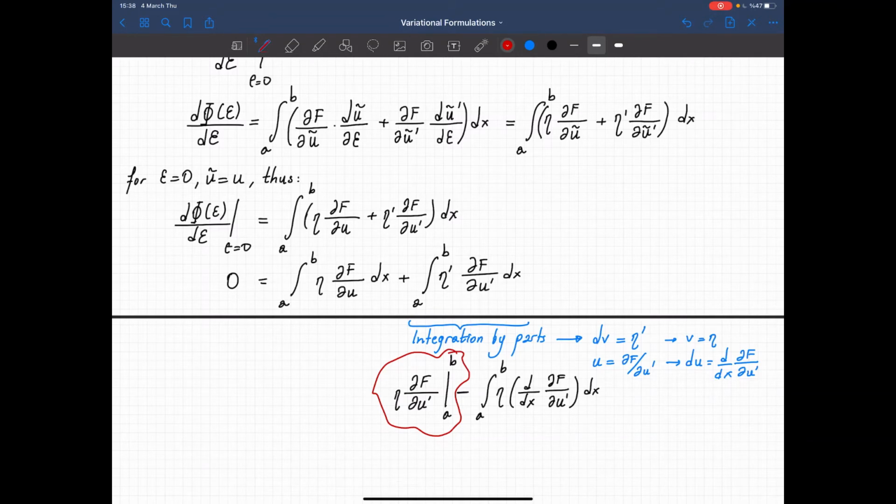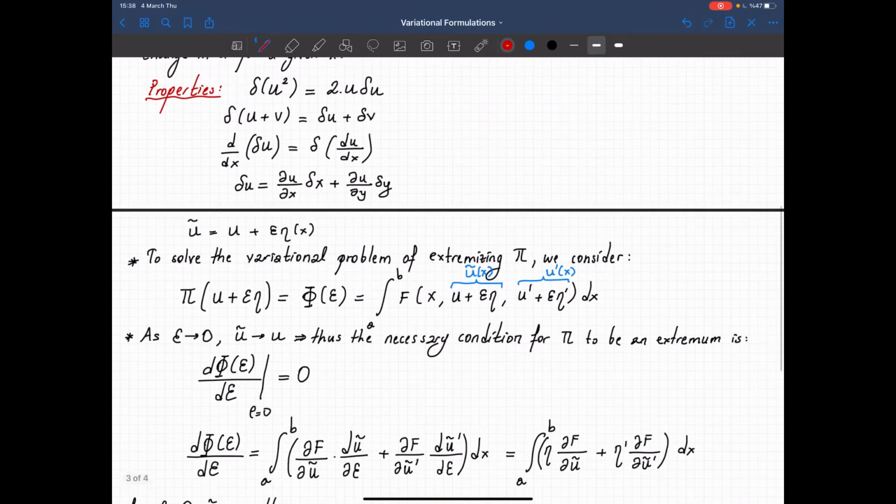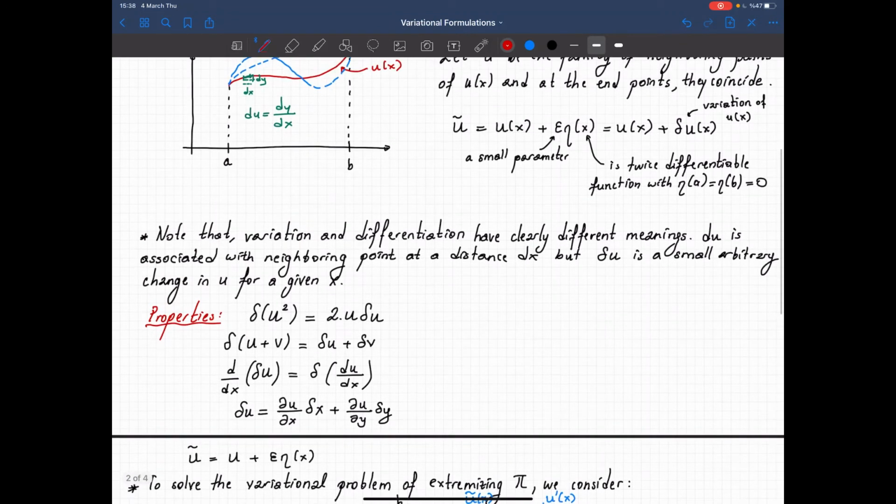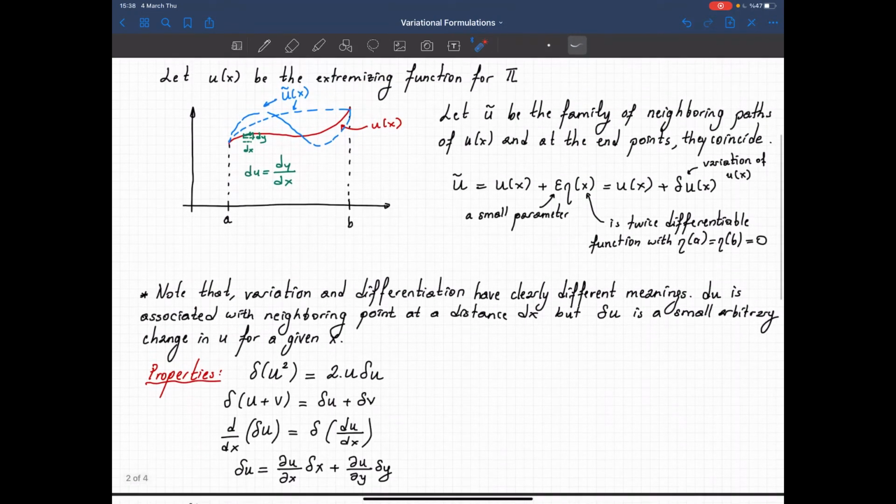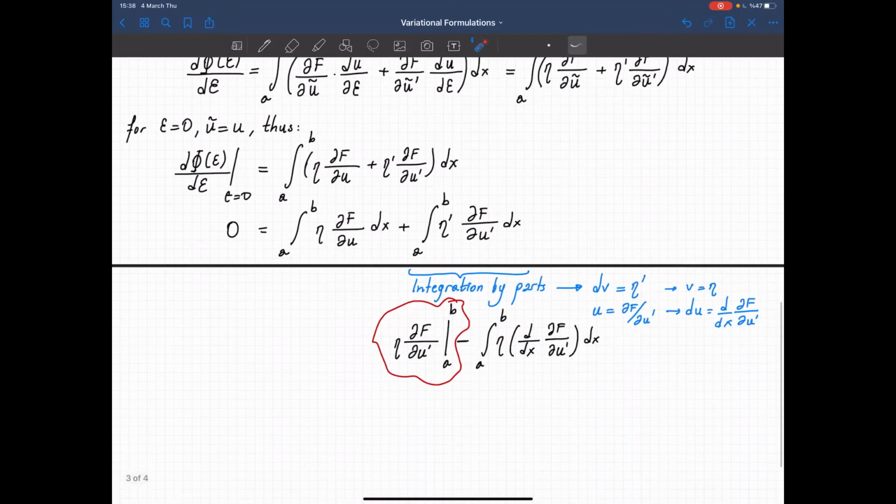Now let's take a look at this expression. While defining the new x, we said that it has to satisfy the boundary condition. It should have the same value as u of x at points A and B, meaning that nu of A and nu of B must be equal to 0.